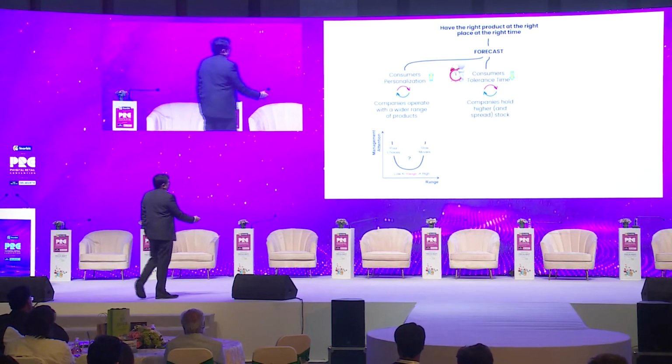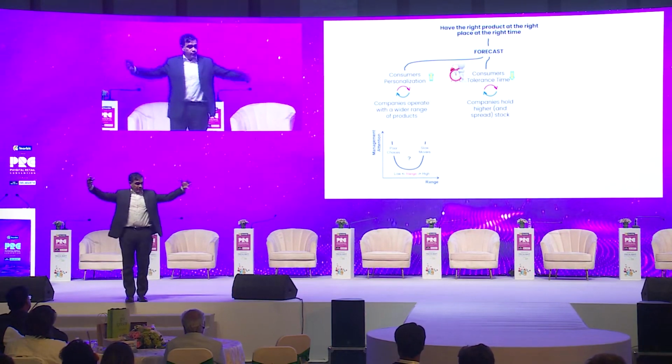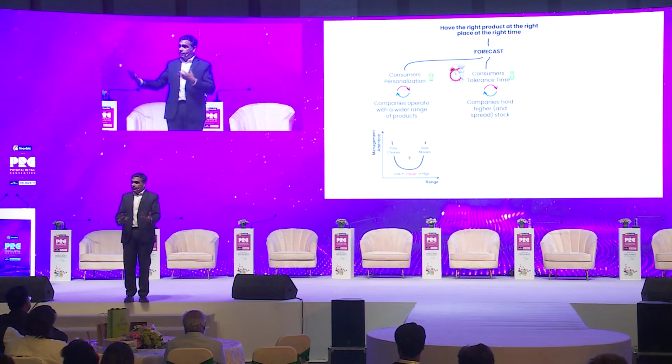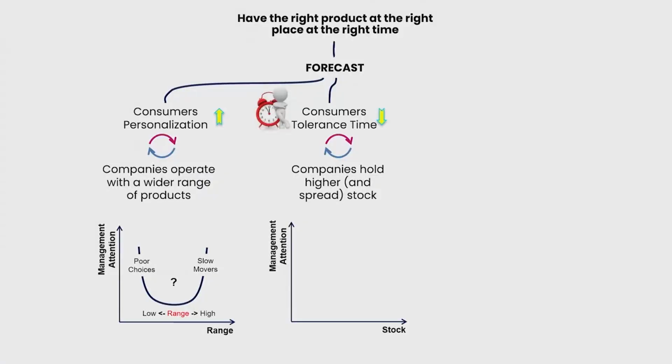Now, obviously, when we need to hold up front more stock, and when we need to spread it, when we cannot aggregate all the variabilities in one place, the accuracy of the forecast goes down. Make sense? And now we face, again, a problem. Remember, management attention is high when we have problems. When I draw management attention to stock, this was to range.